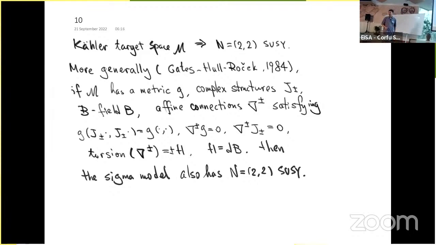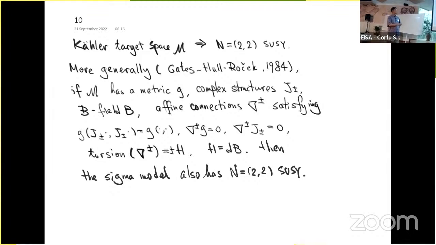Of course, our target space now is hyperkähler, but it has too many Kähler structures, so we would like to know which one is the correct one. On the other hand, in order to have this amount of supersymmetry, the target space doesn't have to be Kähler. It can be more general.